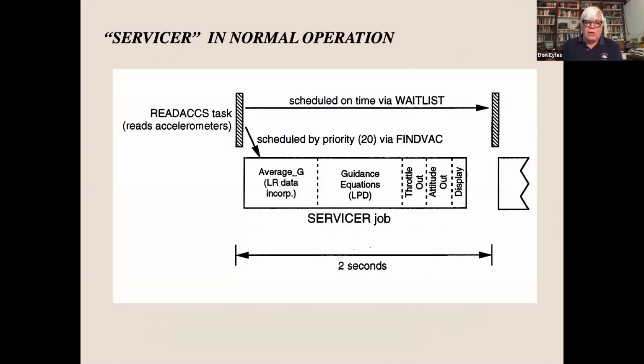Okay, how did that work in actuality and in reality? And the way the usual pattern was, to schedule a task, in this case you're seeing the redax task, which reads the accelerometers, to schedule a task at the regular intervals, and then within that task a job could be scheduled to do the computations that followed upon the accelerometer reading and the navigation and the new state vector and so on.